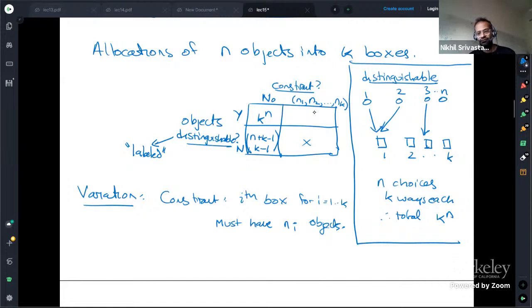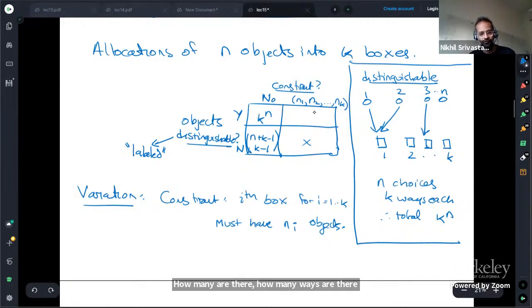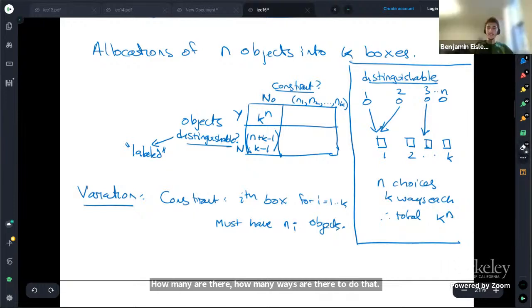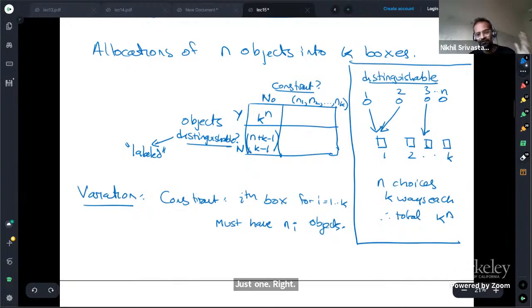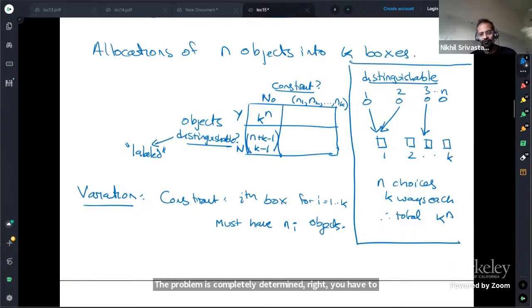How many ways are there to do that? Just one, right? The problem is completely determined. You have to put n1 in the first box, n2 in the second box, n3 in the third box, and the objects are all the same. They're indistinguishable. It's only one way. So this is kind of boring.